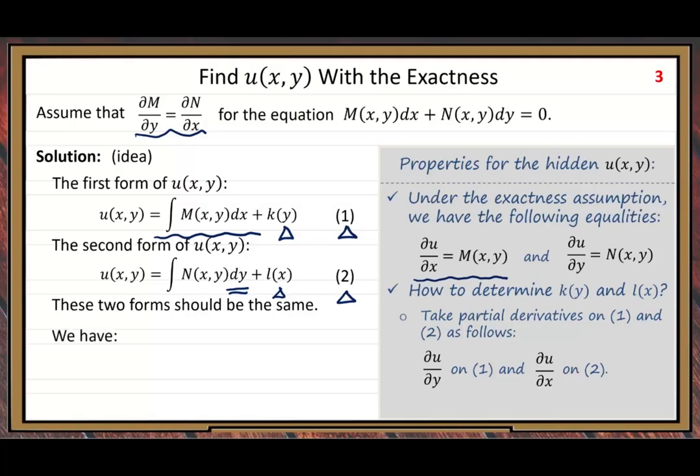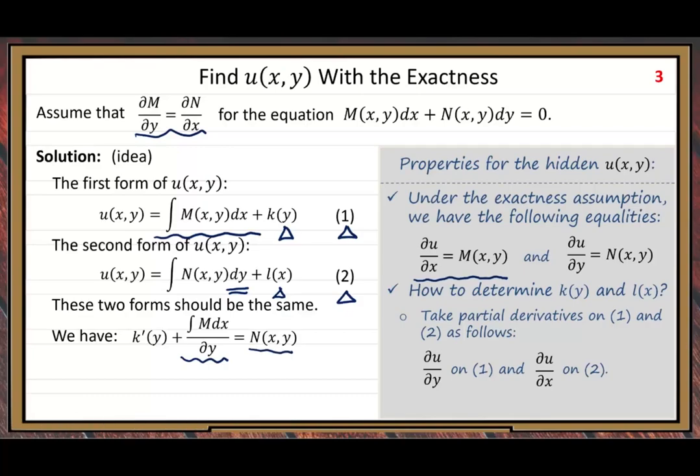When we do that, on the first equation, we get k prime of y equals the integral of the m function with respect to x variable, then the whole thing, partial y, equals the n function.